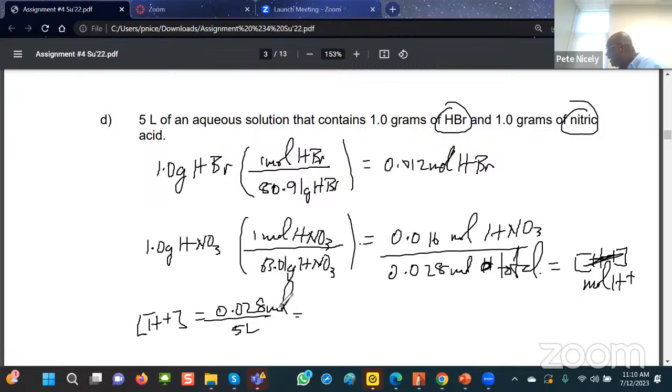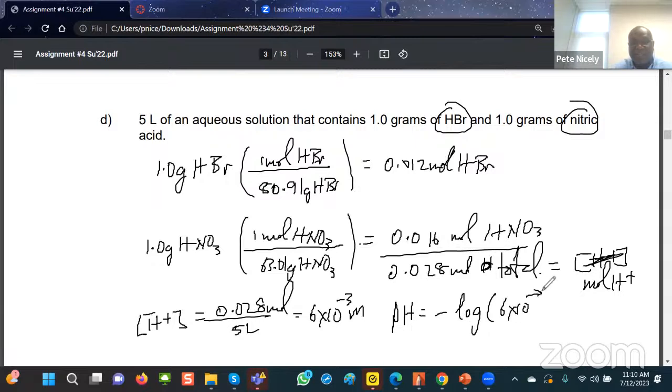And according to my calculation, this works out to be equal to 6 times 10 to the minus 3 M. So therefore, the pH would be equal to minus log of 6 times 10 to the minus 3. And according to my calculation, this works out to be equal to 2.2. And that's how that is done.